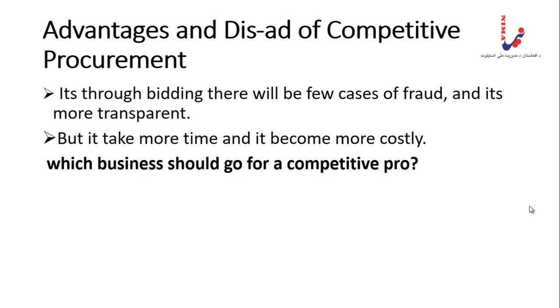Also the business which has more time, because this method takes much more time. If the business wants the product after 2-3 months, or even 1 year, it should go for this method, because it is much more transparent and there will be few cases of fraud.